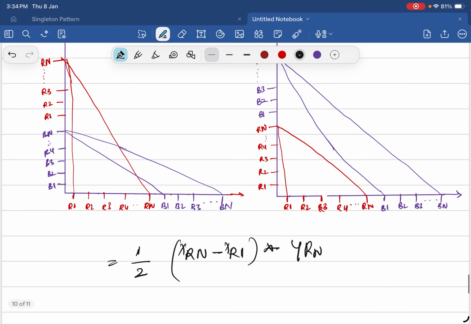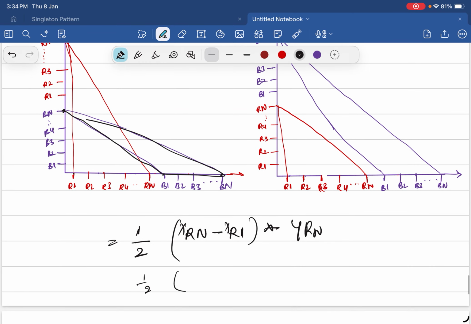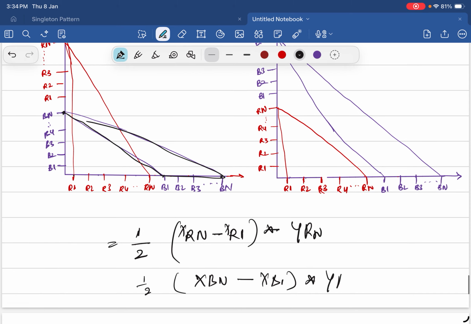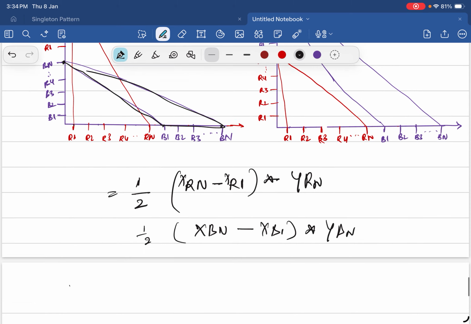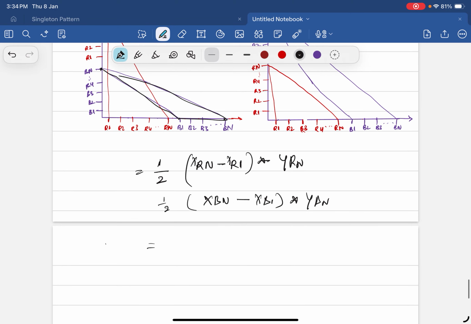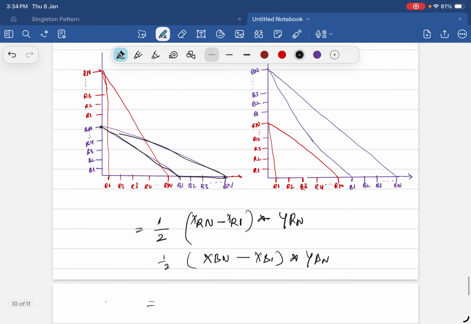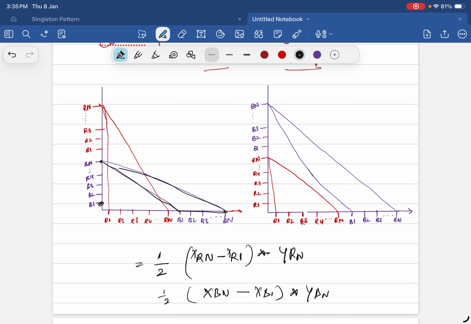Then the second triangle area can be these 3 points, then half x bn minus x b1 into ybn. These are the 2 triangles. Then we still have 2 points on x, 2 points on the y-axis.